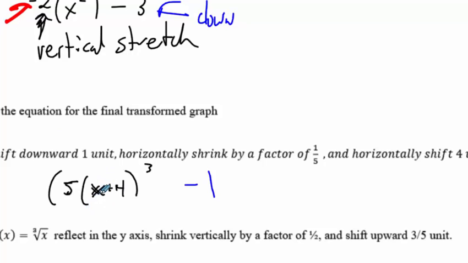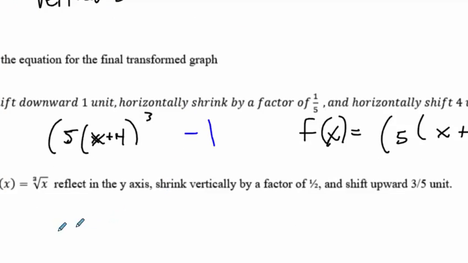And there are all my shifts. Okay? So that would be the equation, f(x) equals (5x plus 4) cubed minus 1, and that would give me an explanation for this.